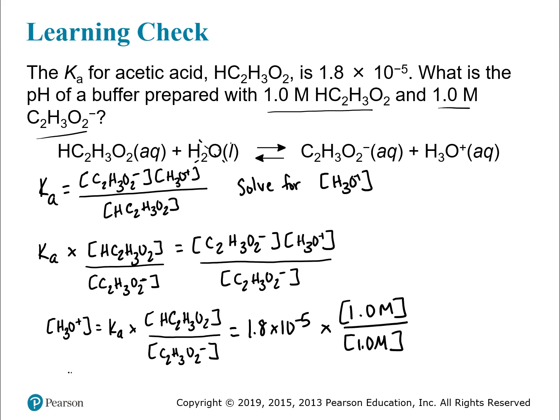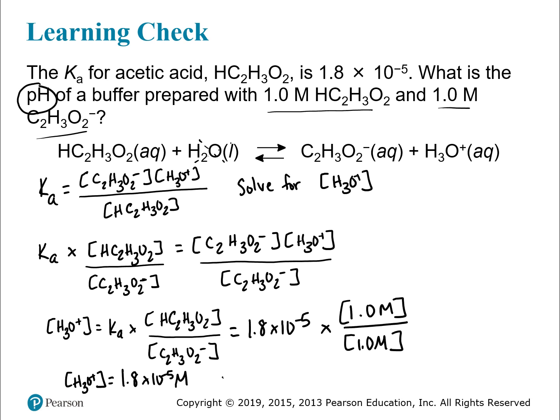So that means our hydronium concentration is going to be 1.8 times 10 to the minus 5 molar. We're not done yet. What is the question asking? It's asking for the pH.